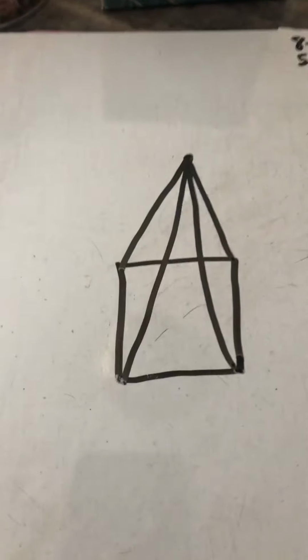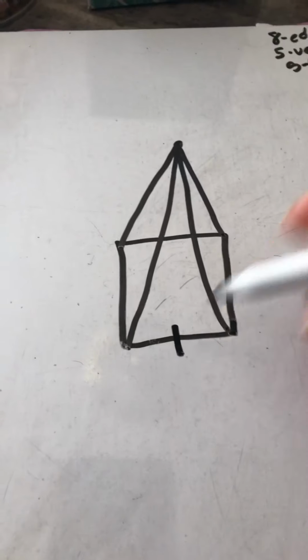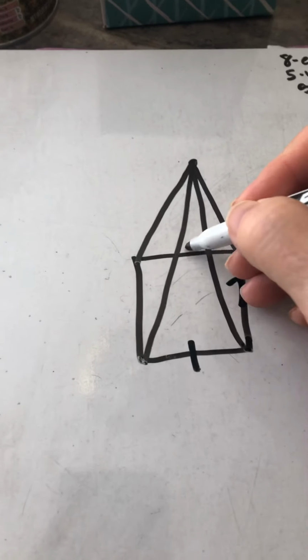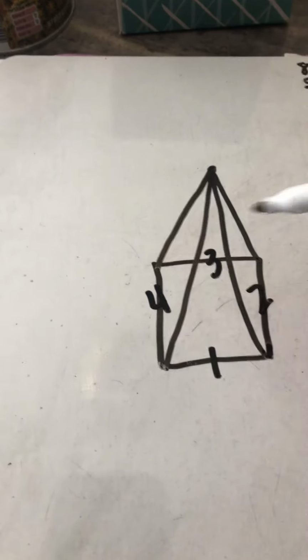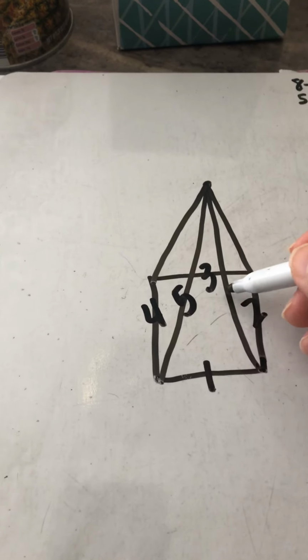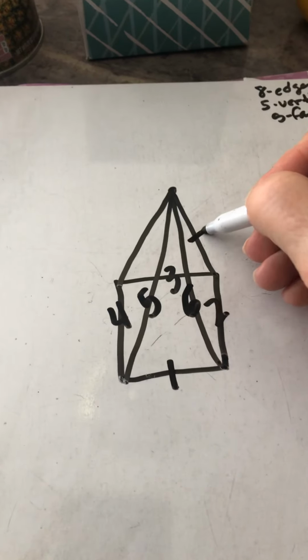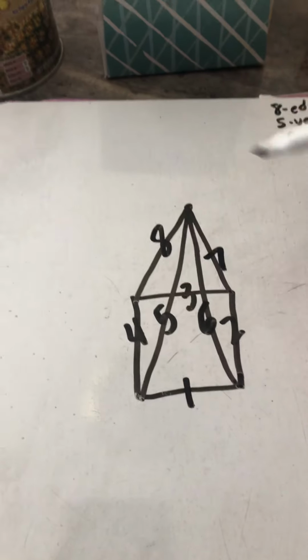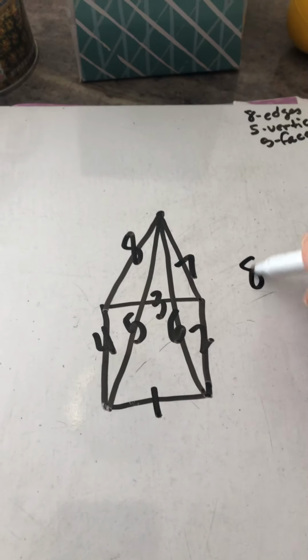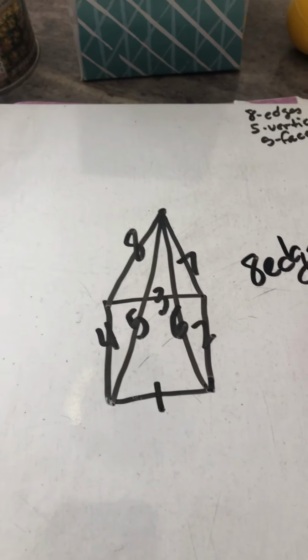Let me mark these for you so you can see what I'm counting. 1, 2, 3, 4. This line 5, this line 6, this line 7, this line 8. So those are 8 edges.